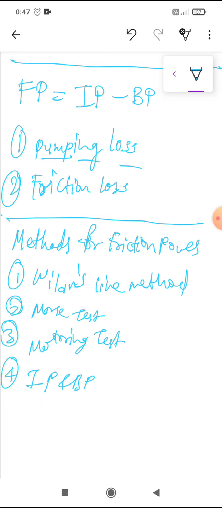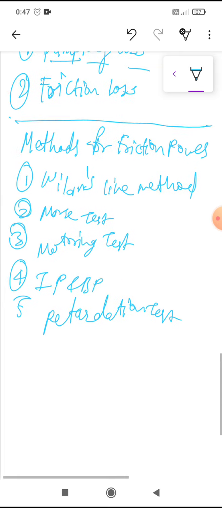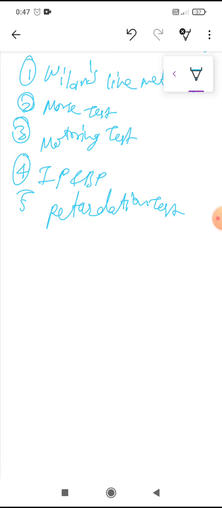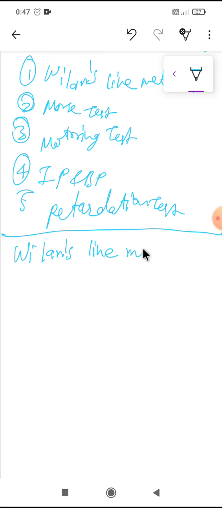After measuring indicated and brake power, we will get the friction power. And the last is the retardation test. We will see these methods one by one. So let's start with Williams line method.